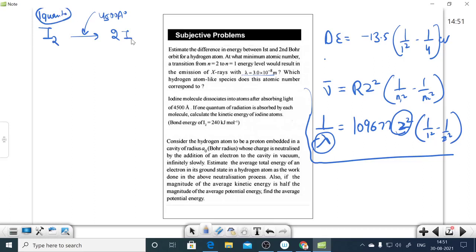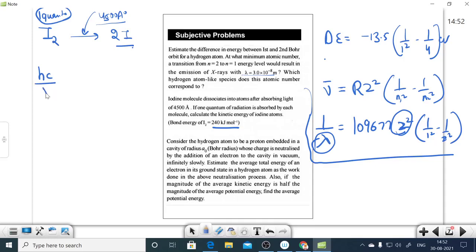Calculate the kinetic energy of iodine atoms. So we need to find out the kinetic energy of iodine atoms, and the bond energy of I2 is this much. Pretty easy to understand. That means it sounds like the photoelectric effect. Light is coming in with this wavelength.